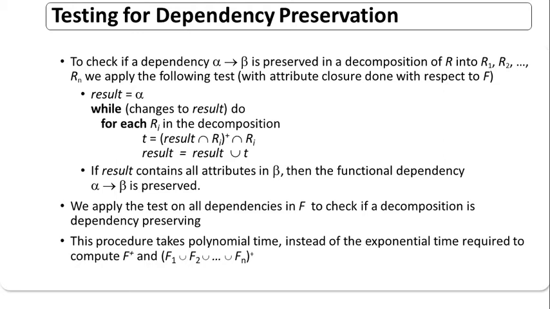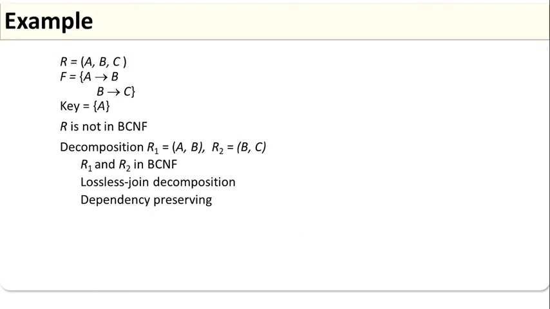If the result contains all the attributes in beta, then the functional dependency is preserved. We apply the test on all the dependencies in F to check if the decomposition is dependency preserving. This takes polynomial time instead of the exponential time required to compute F plus and F1, F2, and so on, Fn.